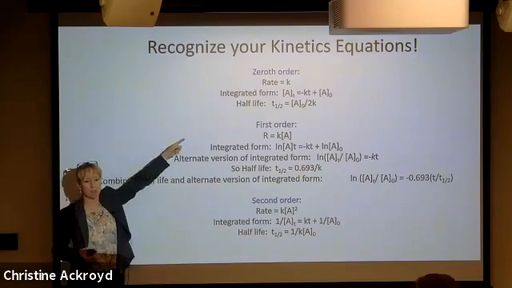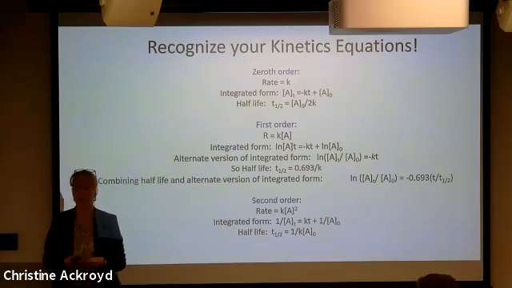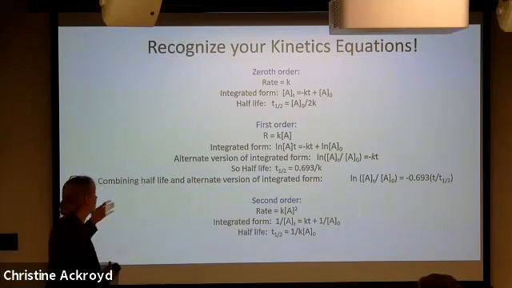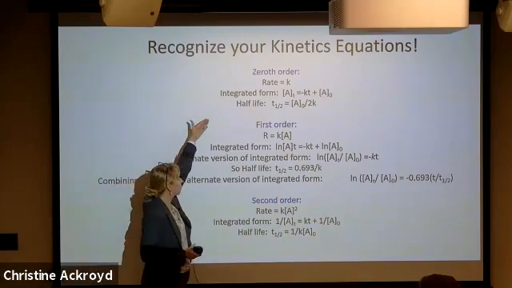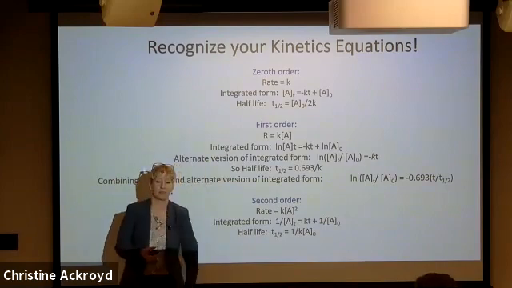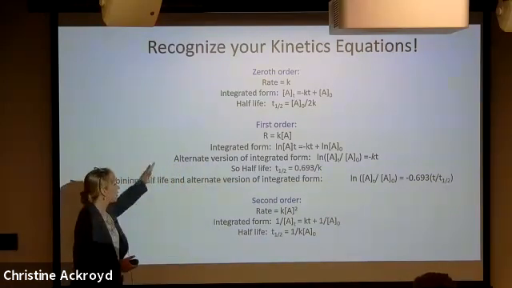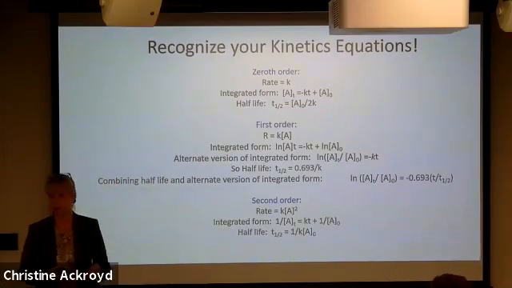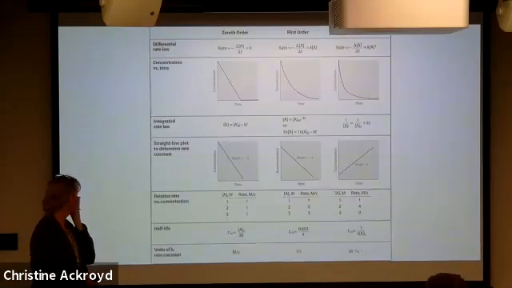I don't give you the 0th order, 1st order, and 2nd order rate law because I'm convinced that you don't need help remembering those. I give you integrated forms, half-lives, and I give you some alternate versions of the integrated 1st order half-life. All right.